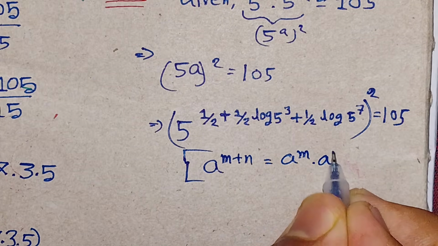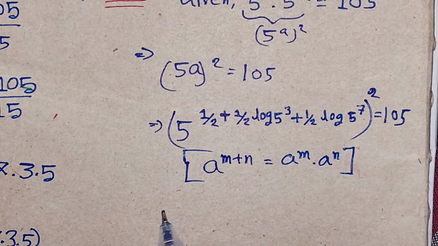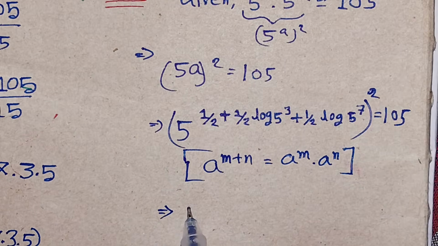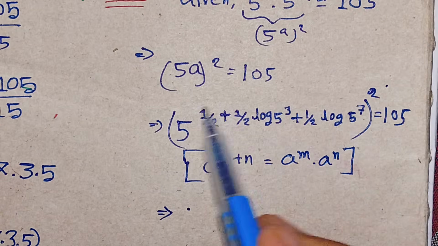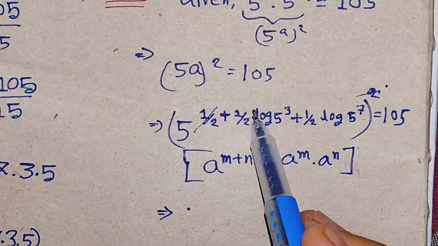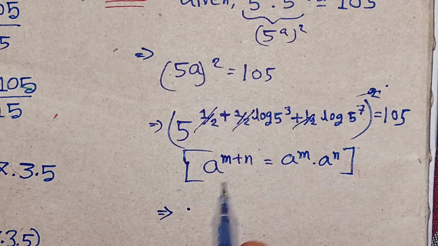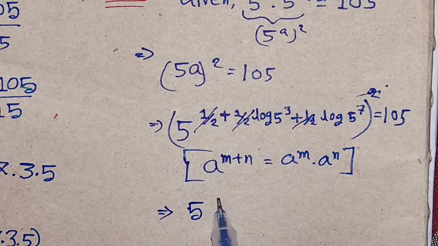Now we'll use this exponential formula: a to the power m plus n is equal to a to the power m times a to the power n. And we take the half common, so the square and the half will cancel out.